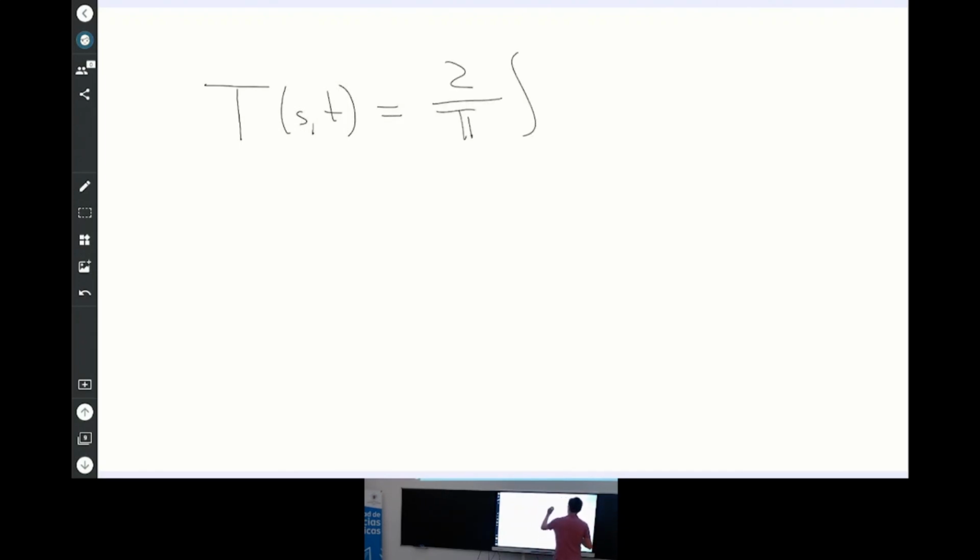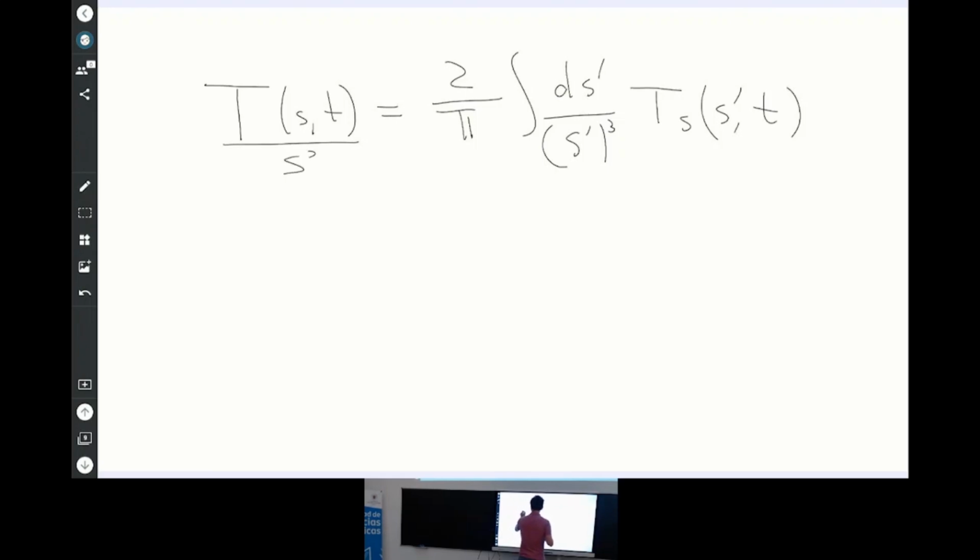I will be a bit, the formula will become precise very soon, but this is the rough formula where, in principle, we combine S and U channel cuts, and it's a twice subtracted dispersion relation.